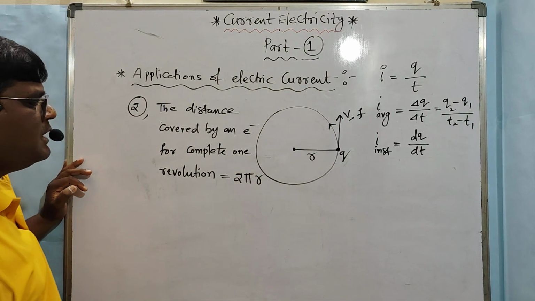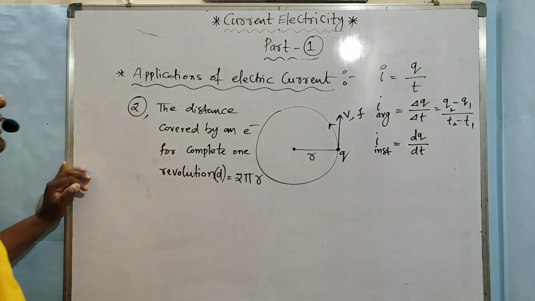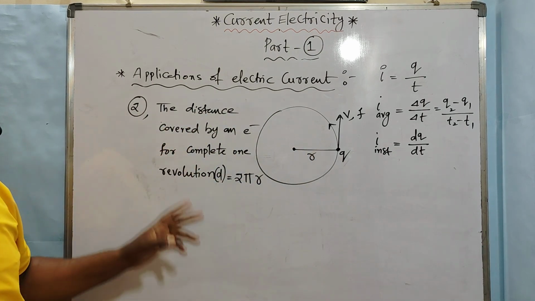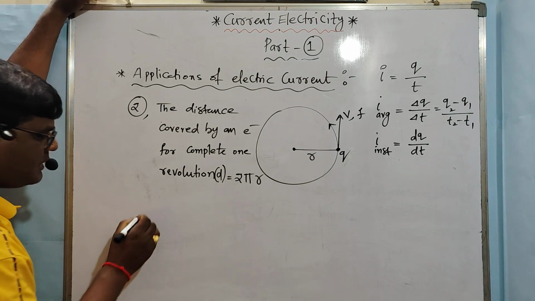This is denoted by D, that is equal to 2 pi r. The distance covered by the electron for one complete revolution is 2 pi r.